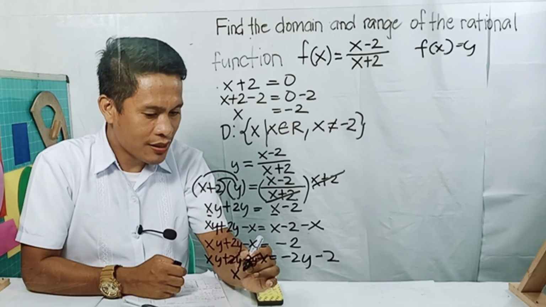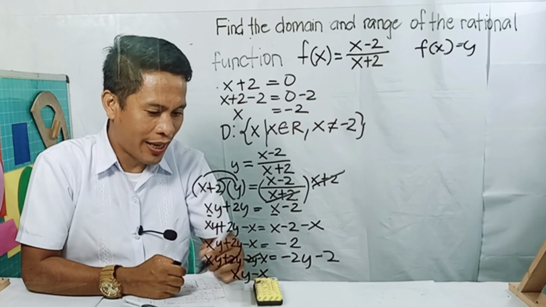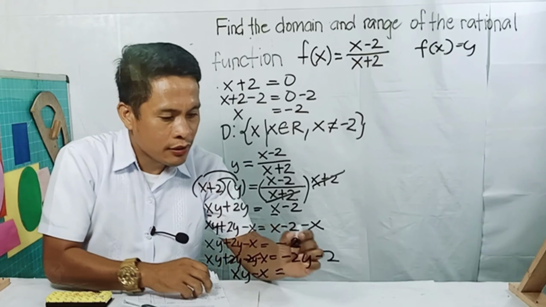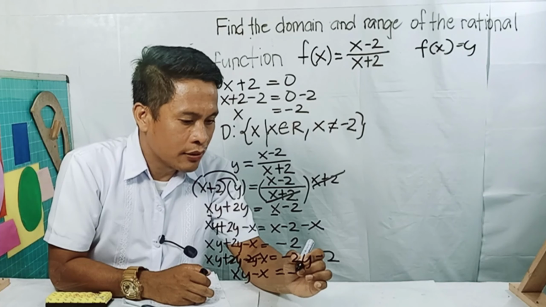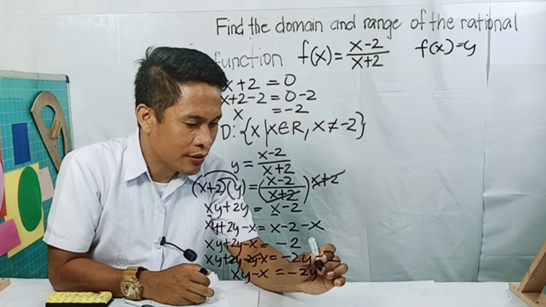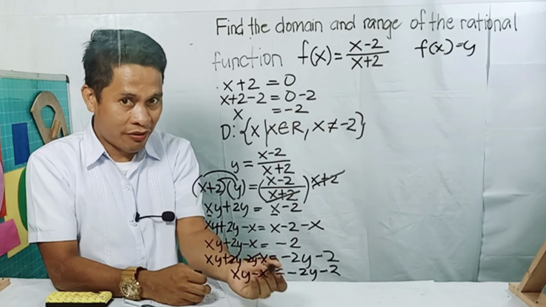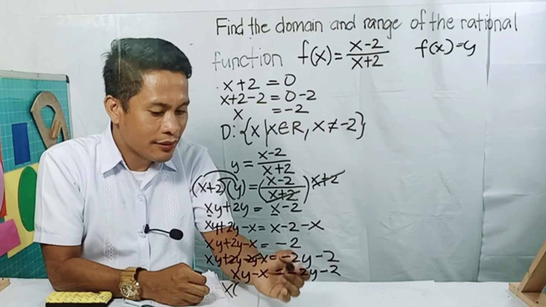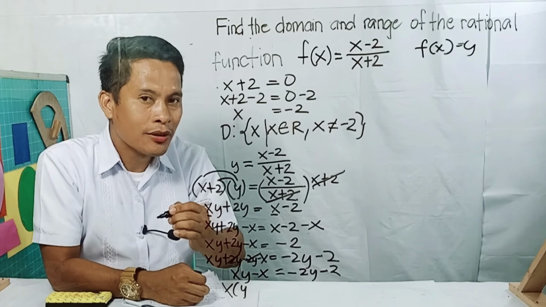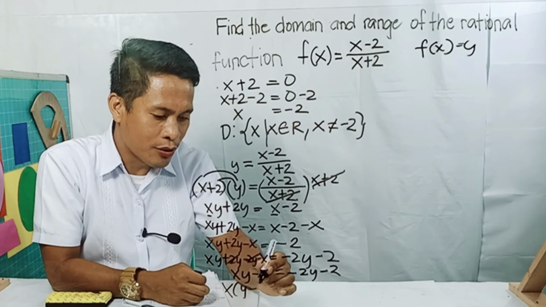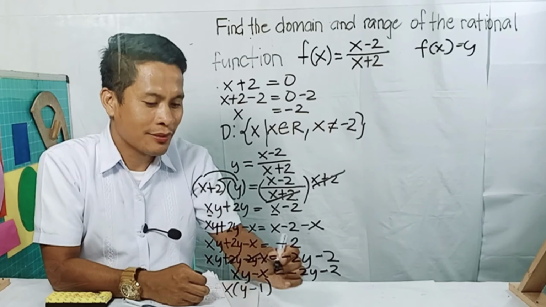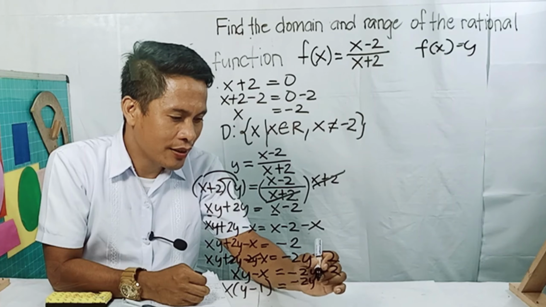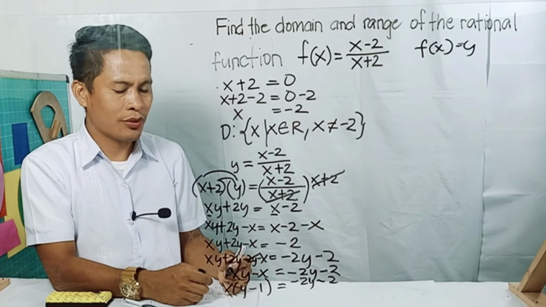Bring down xy minus x equals negative 2y minus 2. Factor out x: x times (y minus 1) equals negative 2y minus 2.